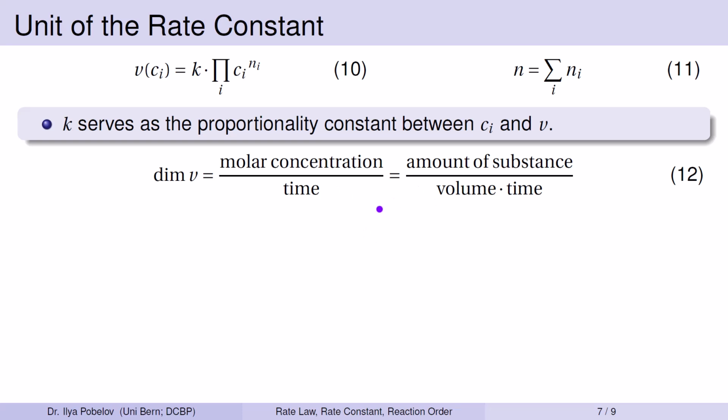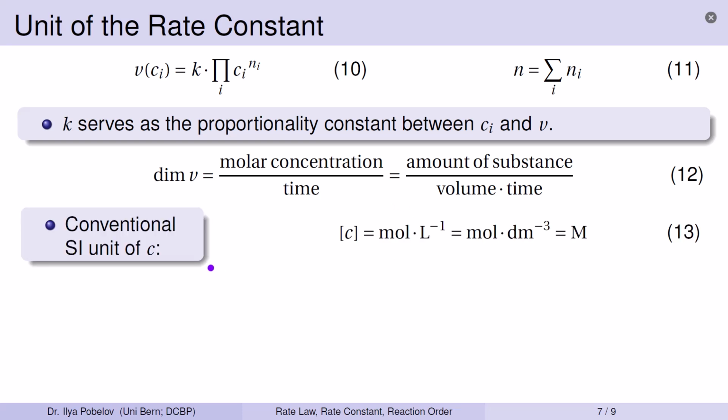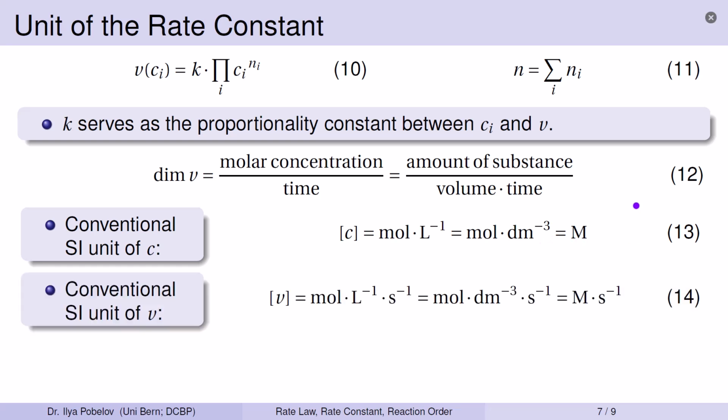Although the coherent SI unit for molar concentration is mole times meter to the power of minus 3, in practice we typically employ the conventional unit of mole per liter or mole per cubic decimeter, also labeled by an uppercase M. Consequently, the reaction rate is typically quoted in mole per liter per second.